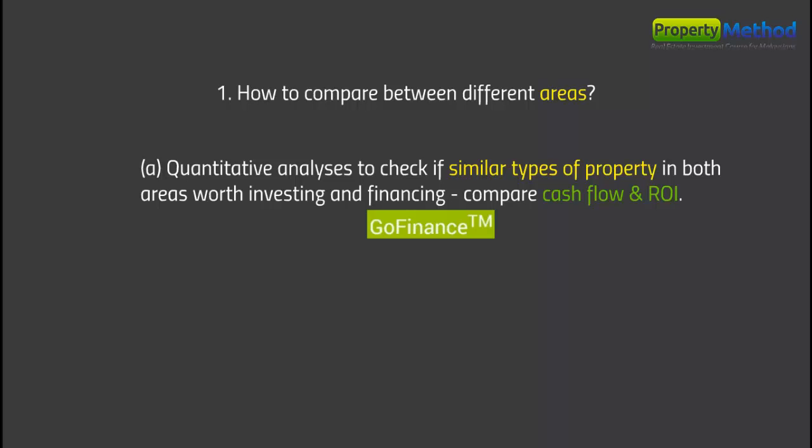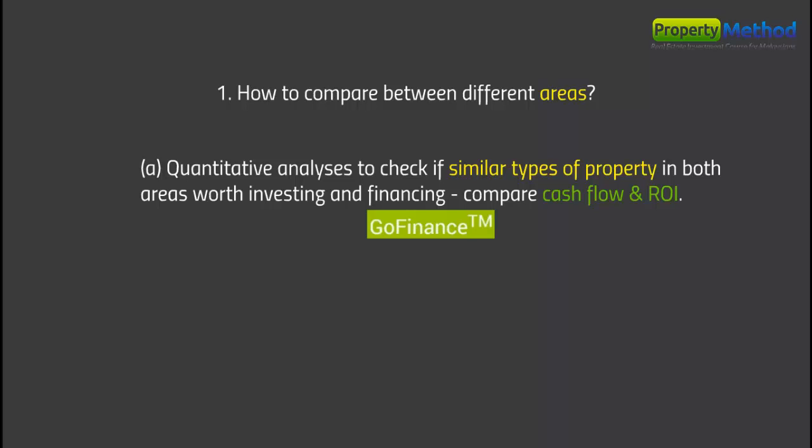For example, if you are interested in condominium, you should be able to find similar types of condominium in both areas, and then analyze based on the numbers and compare the end result, cash flow, and return on investment using our Go Finance tool.